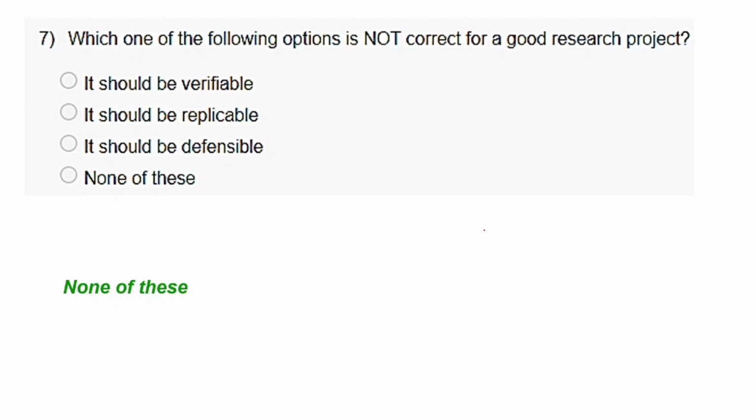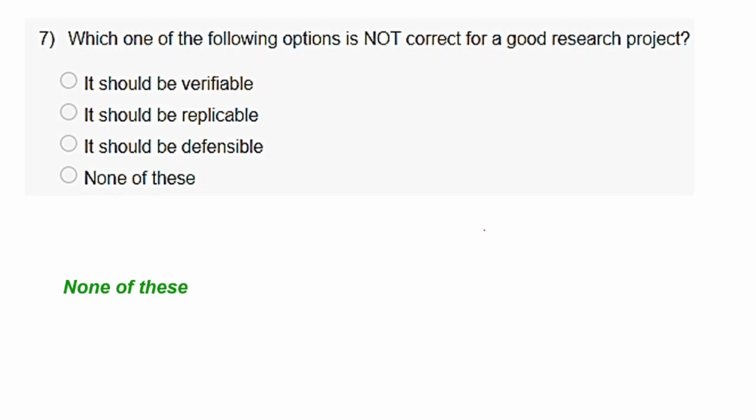I'll read the materials and methods also. So the materials and methods should be, according to me, very elaborate, so that if I want to replicate one of the experiments from there, or if I want to do a similar kind of experiment but maybe with a different protein, I'm able to at least figure out how I should do it. That's why papers are published, so that we can learn from those and we can do our work also. So obviously it should be replicable.